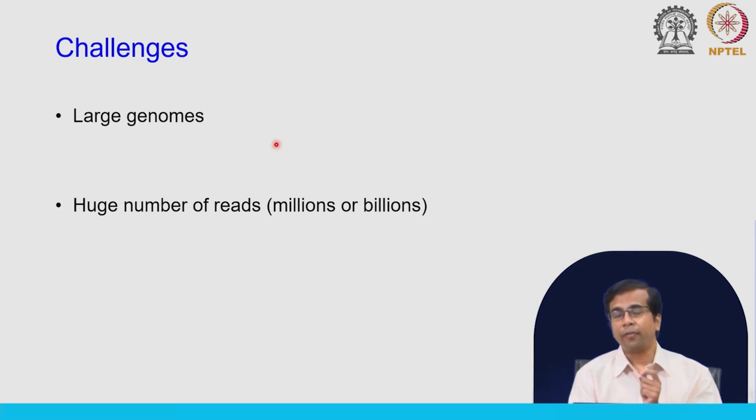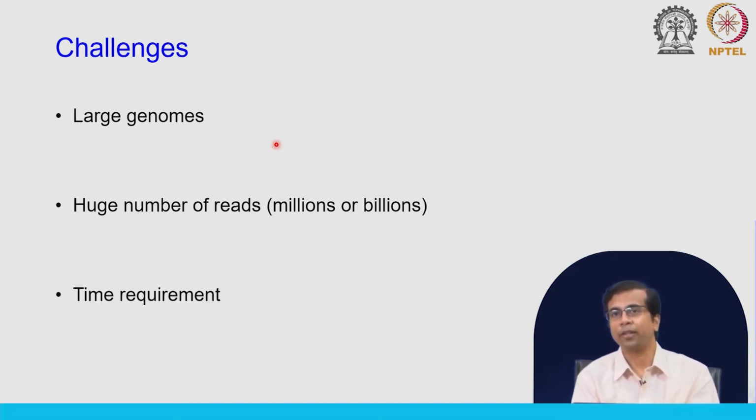So, if you can visualize in your mind that you have to repeat this process of mapping for each of them, if you have 1 billion reads, for each of them you have to repeat this process, you have to find the position in that big genome. So, on one hand you have these big genomes, meaning many potential locations, and on the other hand you have a huge number of reads. If you combine them together, the problem is the time requirement.